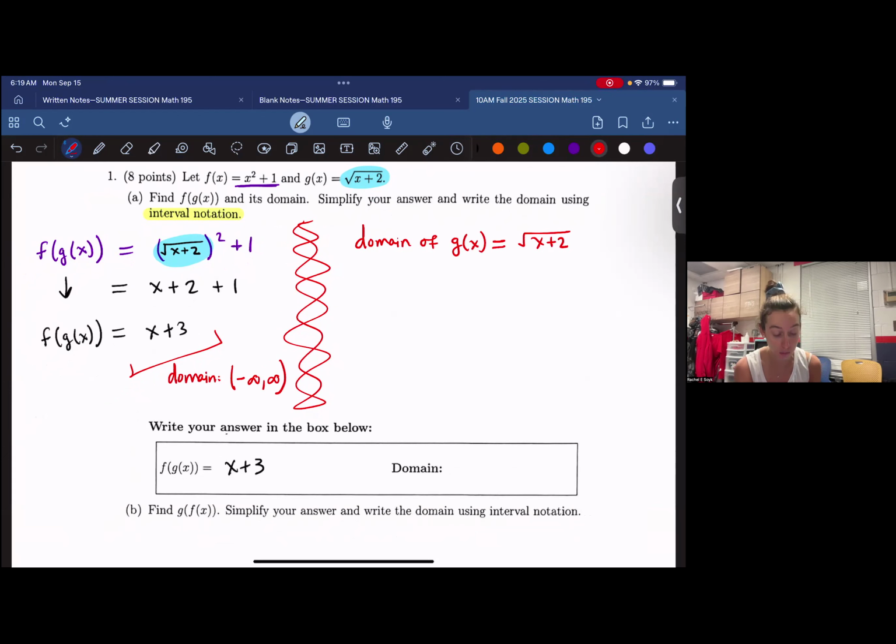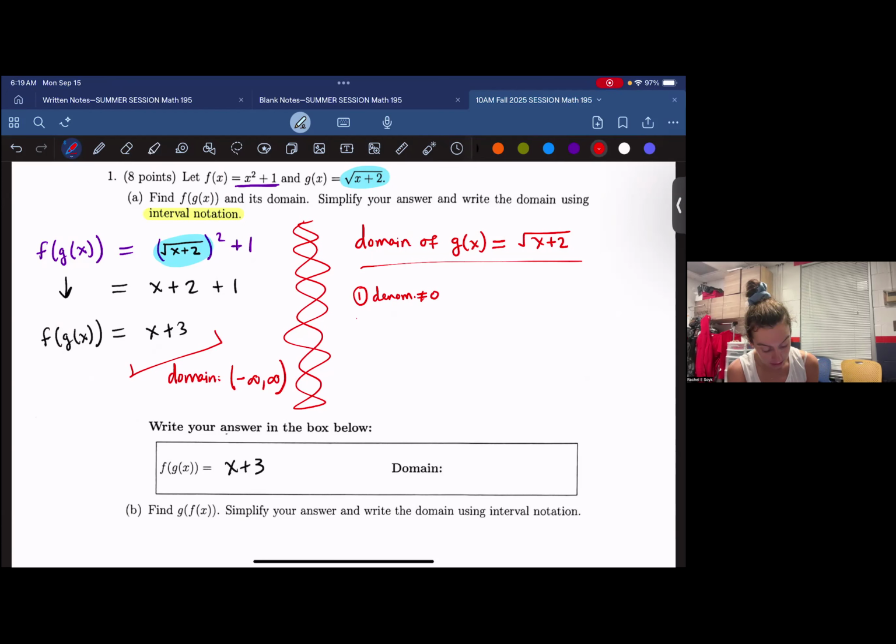And anytime you're analyzing a domain, what two conditions do you want to think of? The first one, your denominator cannot be equal to 0, because if it is, then we're looking at an undefined function. So we want to figure out what values of x make it equal to 0 so that we can restrict those from our domain.